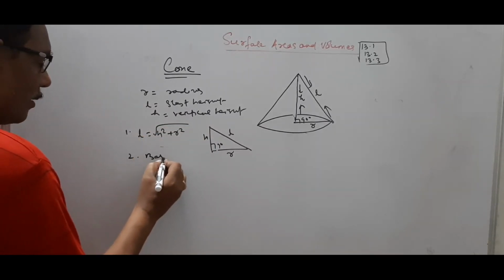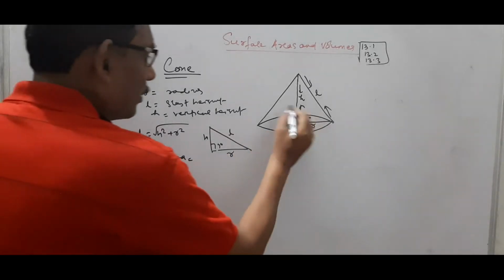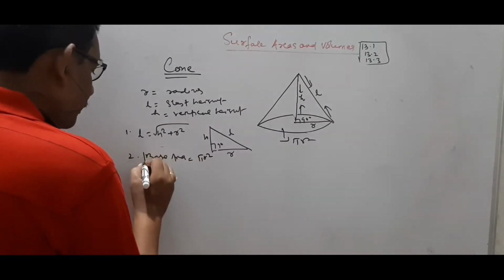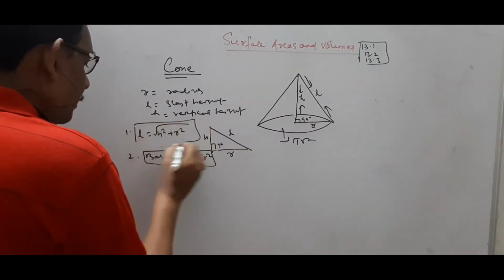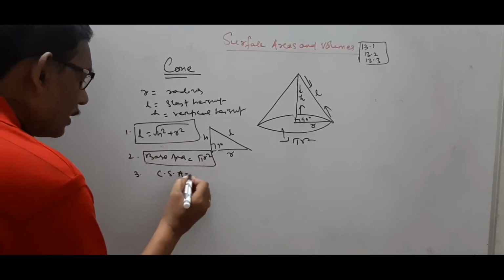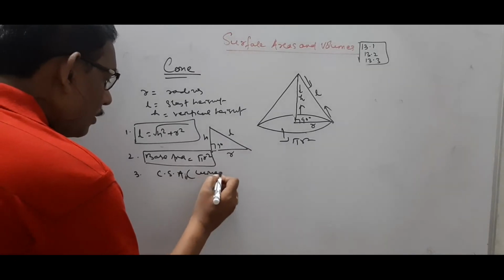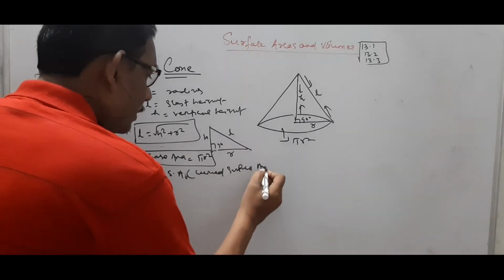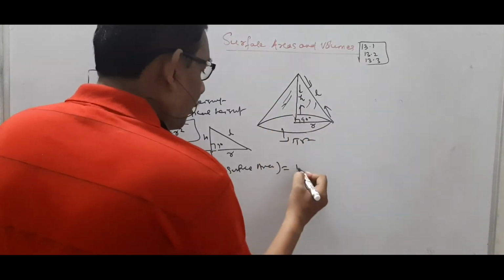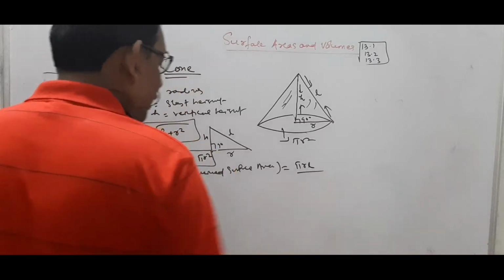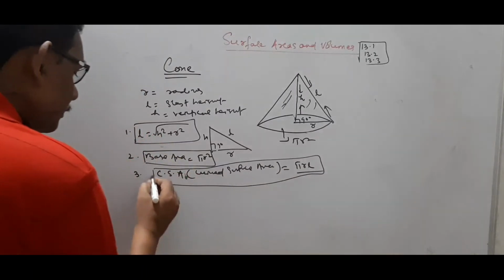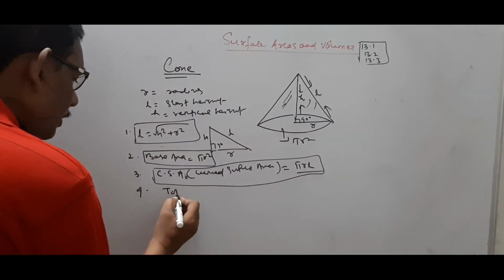Now base area. It is a circular face, so it is pi r square. Now curved surface area, CSA, this part, this is your pi r into l, pi r l. The fourth one is total surface area.